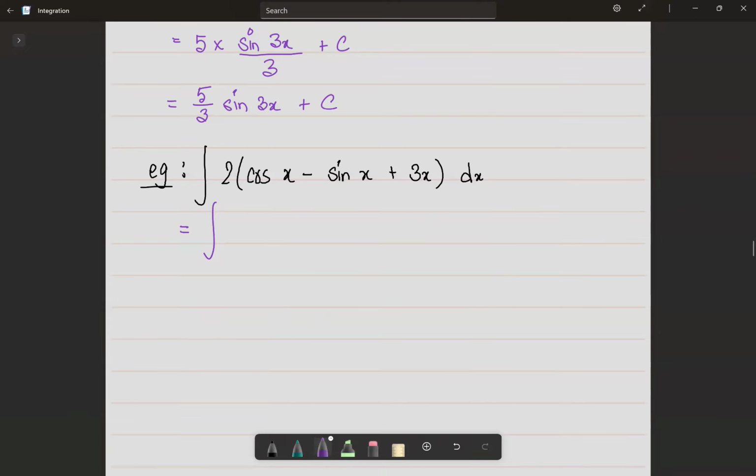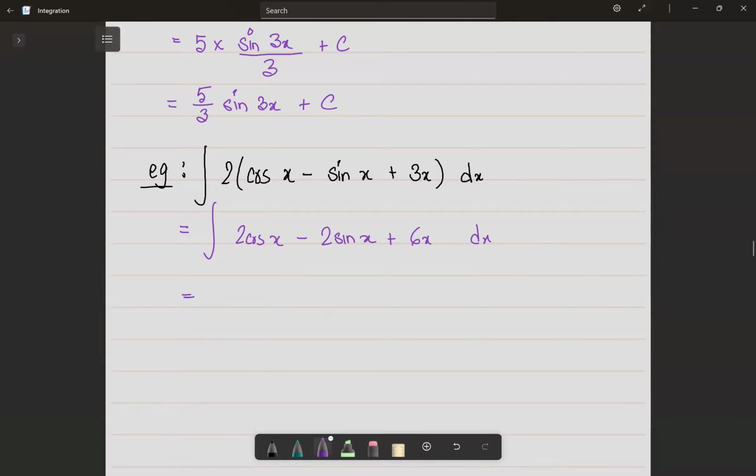So 2 into cos x will be 2 cos x, minus 2 into sin x is 2 sin x, and then plus 2 3s are 6x, and then we have dx in here.